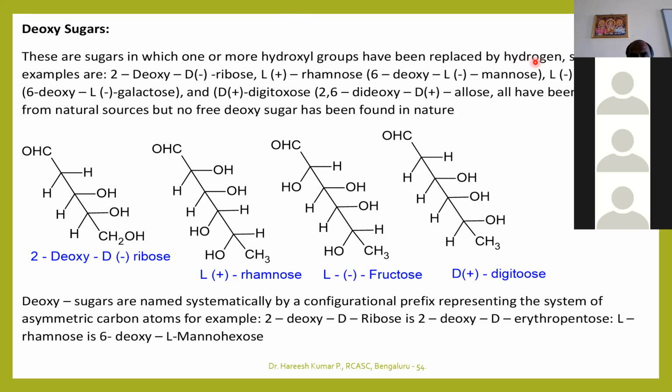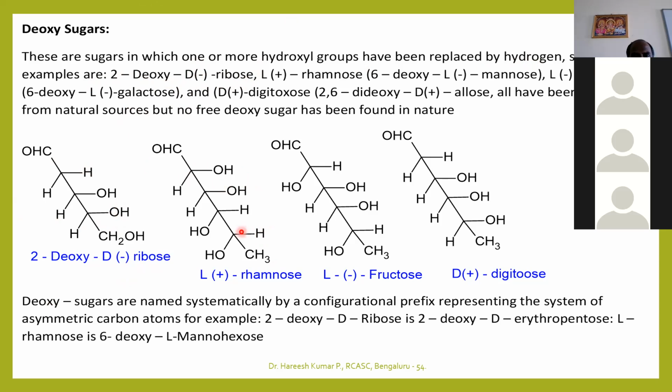For example, 2-deoxy D-ribose. You know that D stands for dextro; the hydroxy group towards the right is called dextro. So the name of this compound is 2-deoxy D-ribose.